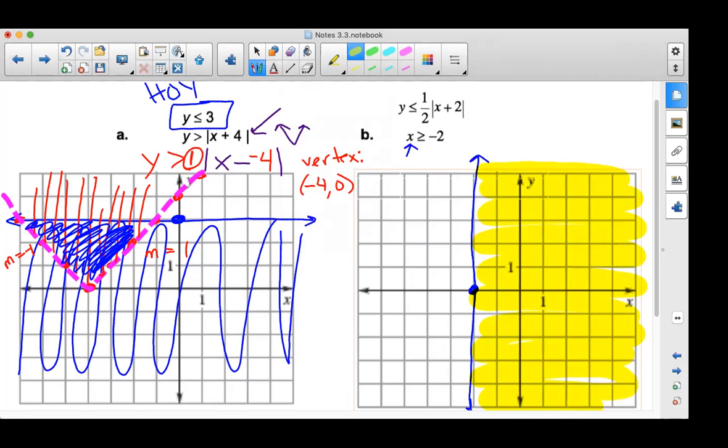So I ended up graphing the second inequality first, and that inequality told me x was greater than or equal to -2. So the first thing I did, I went to where x was -2, and I put a point on the x-axis at -2. This time, x is a vertical line. So x vertical, y horizontal. Now, when you're shading in this case, this is the only time where you get to think left versus right.